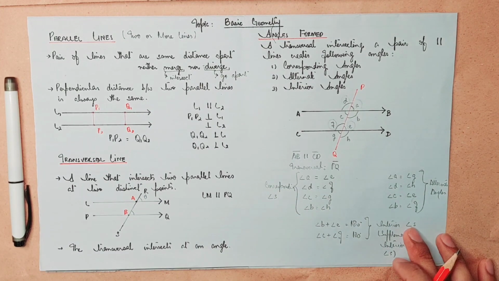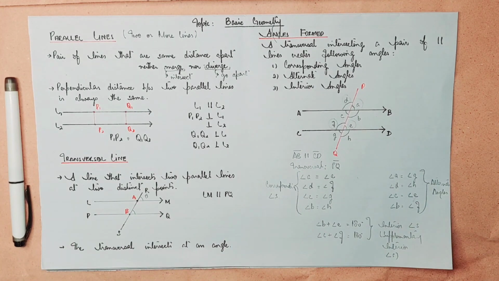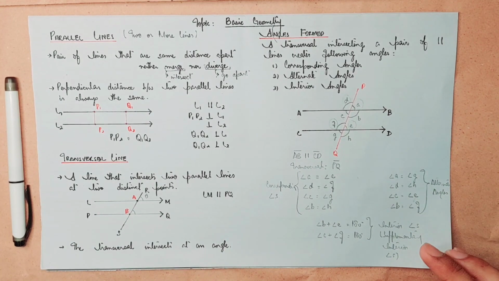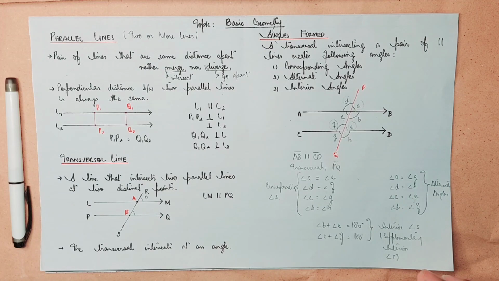So this was the basic concept regarding the parallel lines, the transversal, and the angles produced by the intersection of the transversal with the parallel lines.